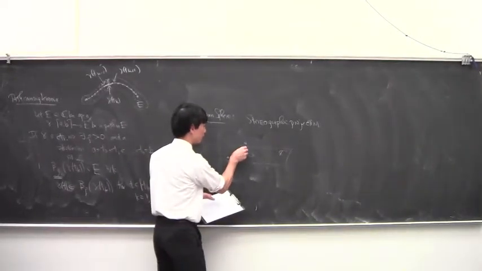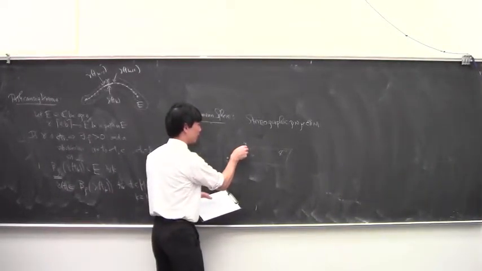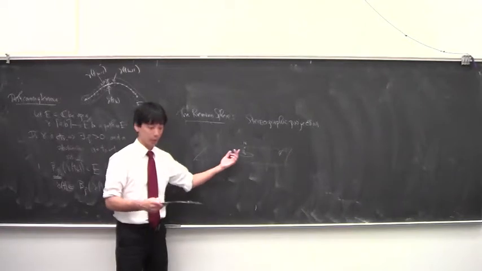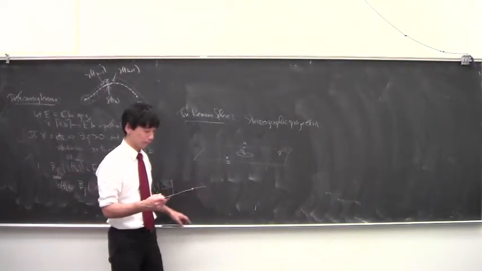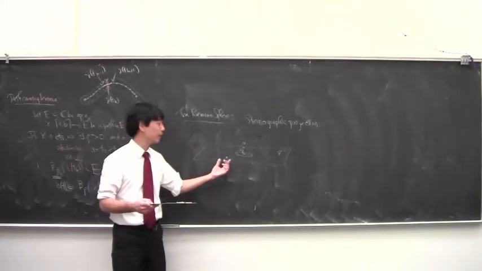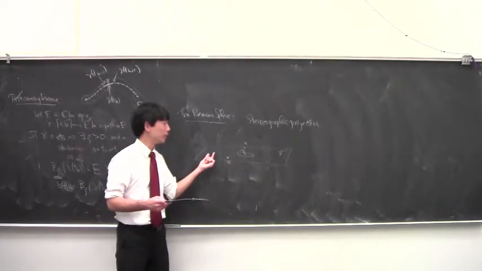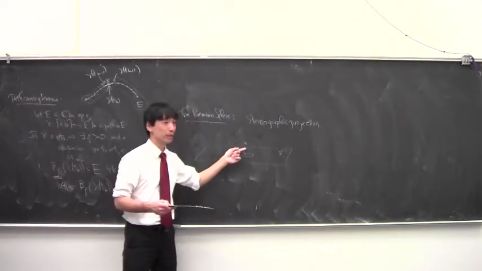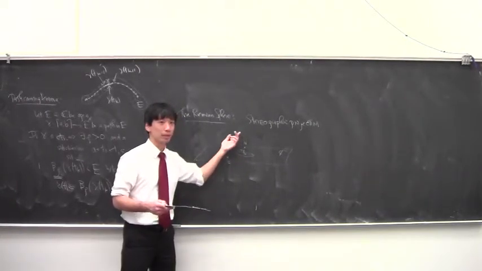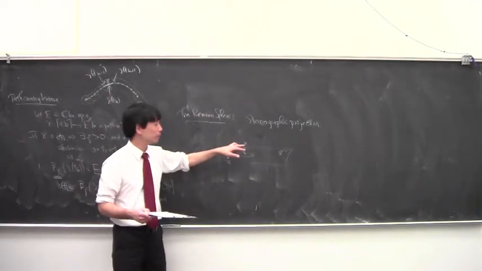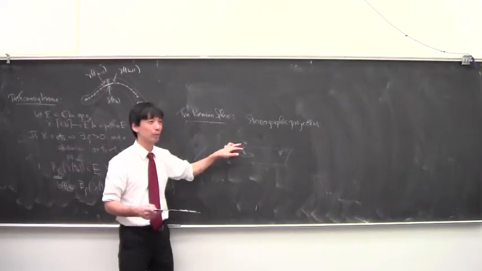Or vice versa, for any point on the plane, you draw a ray back to the North Pole and see where it hits the sphere, and you consider those to be the same. You create a map given by this.